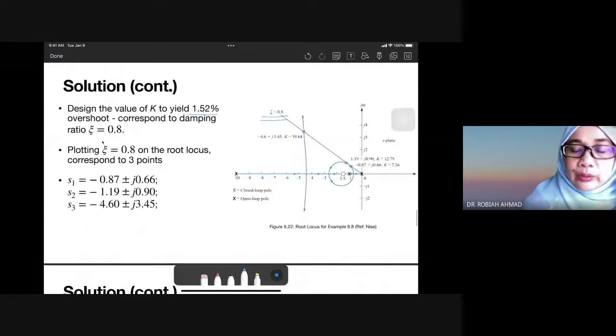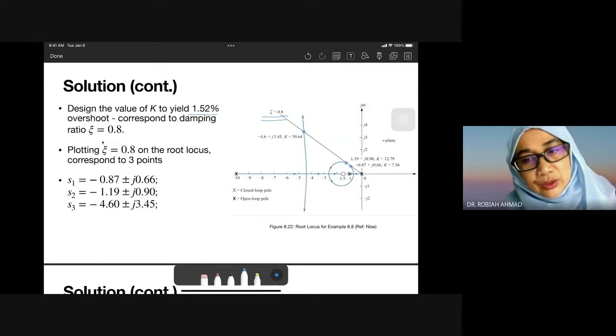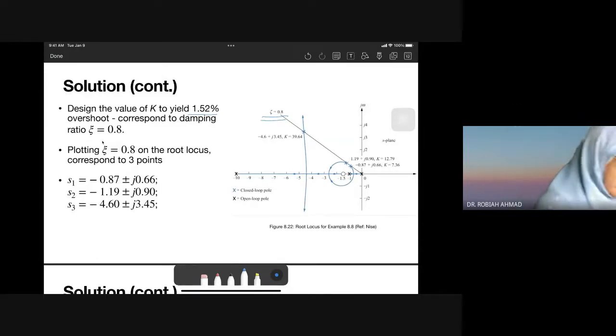If you are doing it graphically, 0.8 is roughly what angle? Beta is inverse cos, right? Inverse cos 0.8 is roughly how much? Can someone calculate for me? What is the angle for us to draw? Class? 60 degrees?